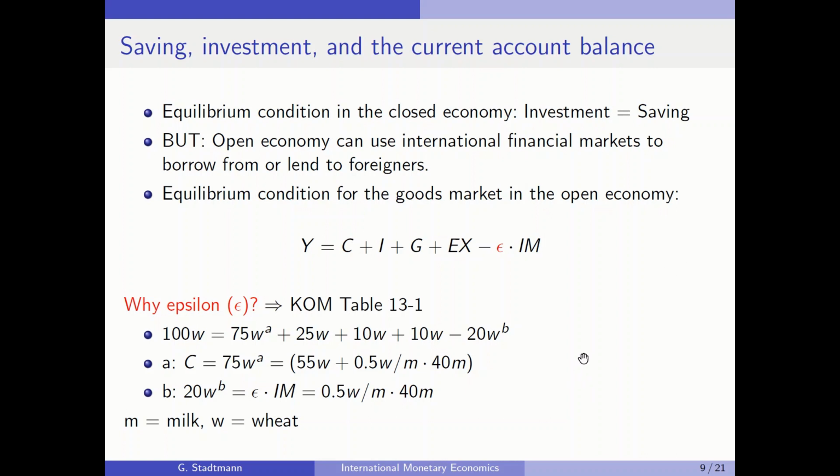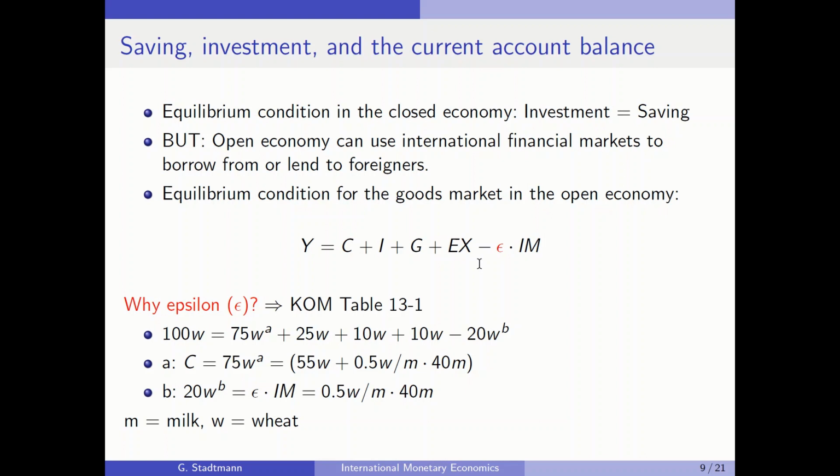Please be reminded that when we use this relationship, we always talk about real good units, and we use the domestic good in order to measure the value of consumption, investment, government spending, exports, and imports. Since we are importing the foreign good, we need the real exchange rate to make the import units comparable to the domestic good units.